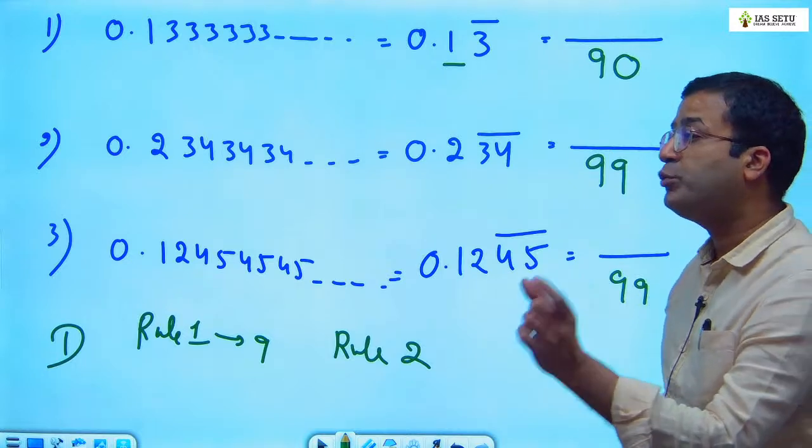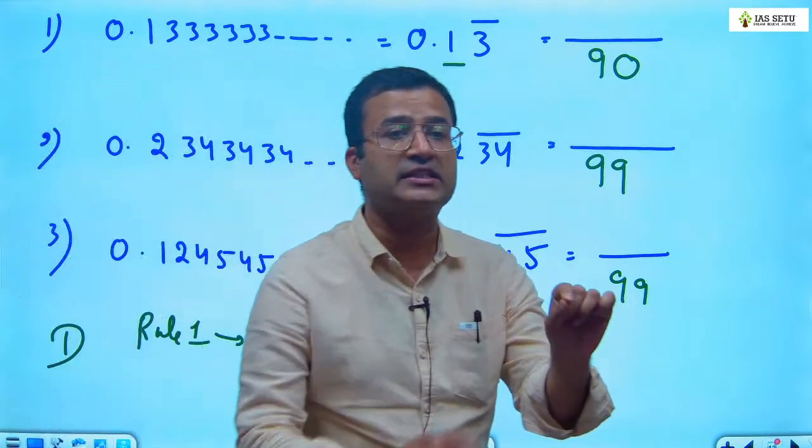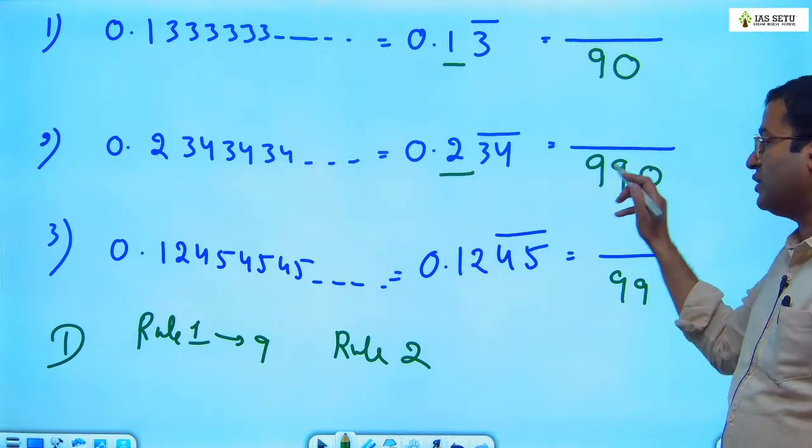I repeat, we put as many zeros as digits between the decimal and recurring part. There is one digit, so we put one 0.